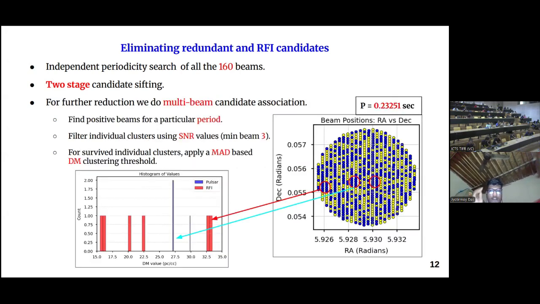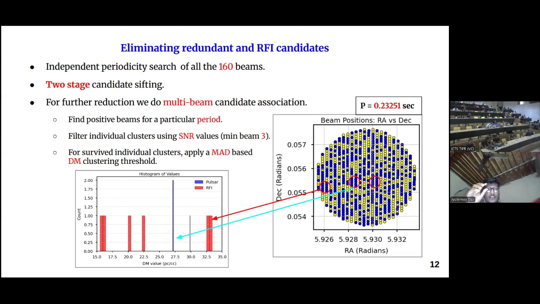And after that, we take all those sorted candidates from all the beams, and we try to see if there is any signal that appears in multiple beams. If there is a pulsar, it will appear in some of the beams, not all the beams, and it will have a clustered response.